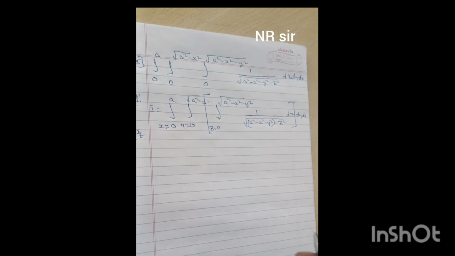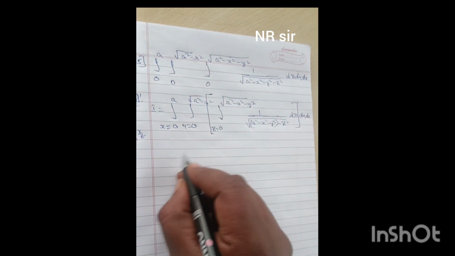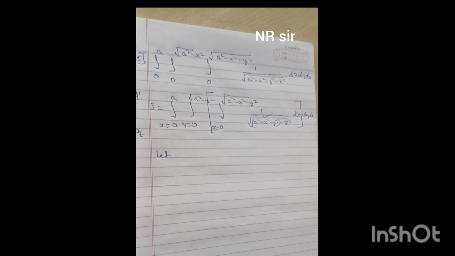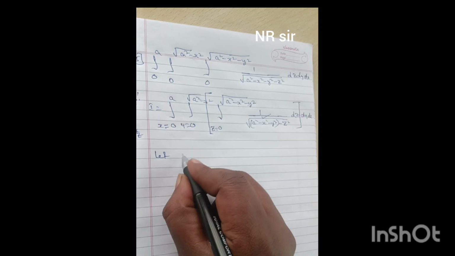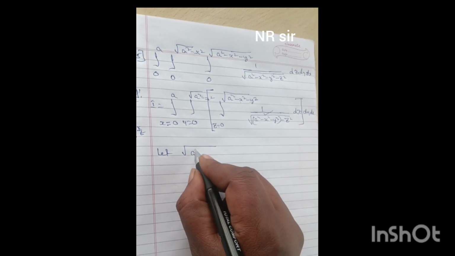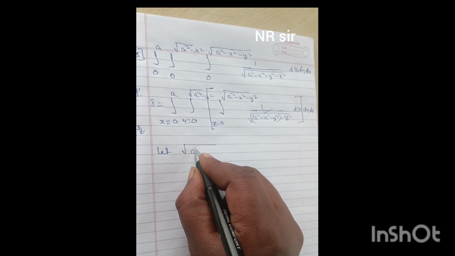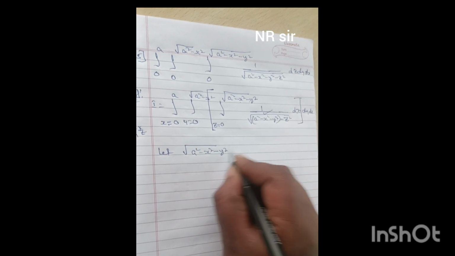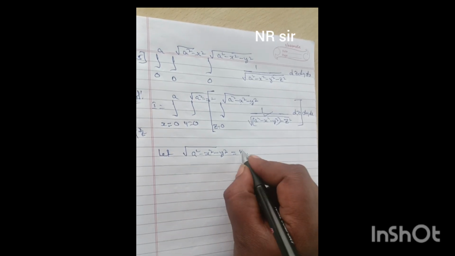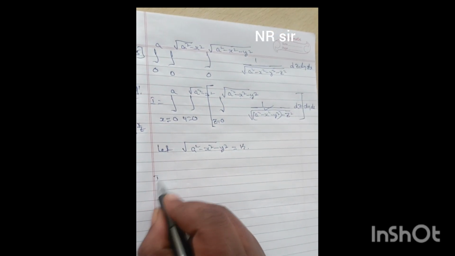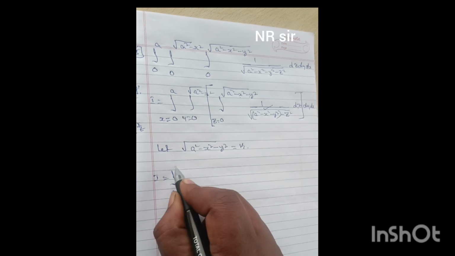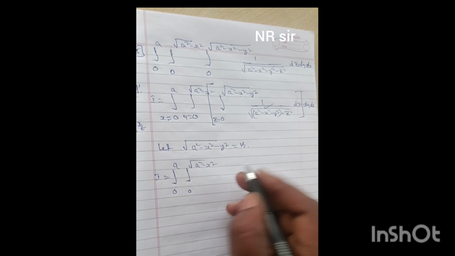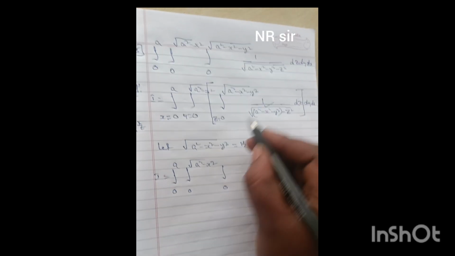Now to do the integration, let me solve this one. You can observe we have the function, and we need to convert it into the formula. If I consider square root of a square minus x square minus y square is equal to k, now I is equal to, the limit is from 0 to a, the second limit from 0 to square root of a square minus x square, the third limit 0 to this.